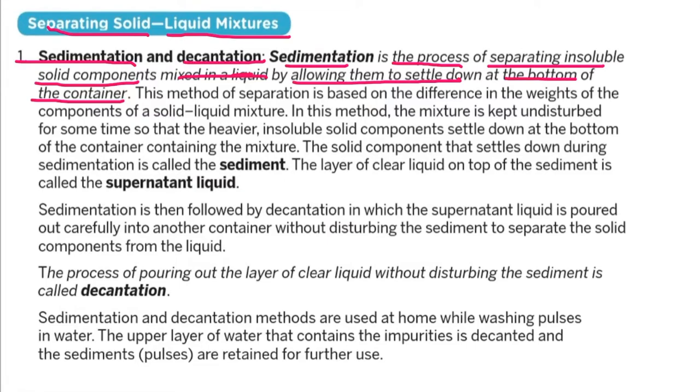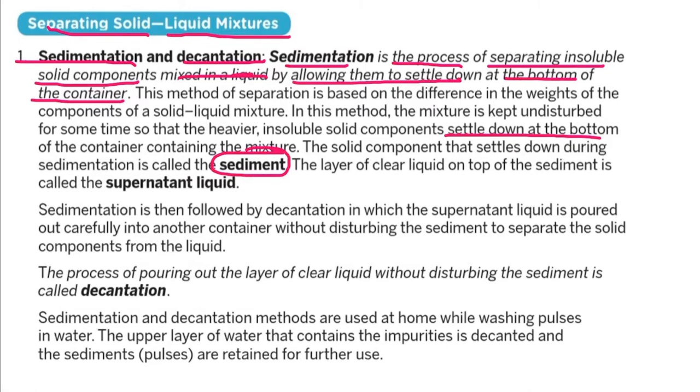In this method, the mixture is kept undisturbed for some time so that heavier insoluble solid components settle down at the bottom, and they form a layer which is called sediment.